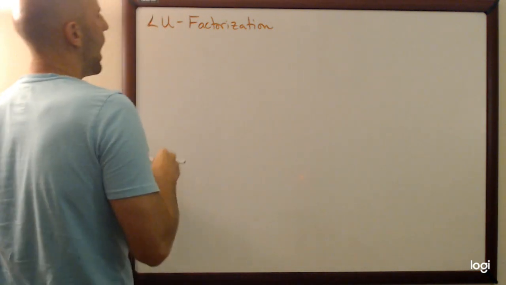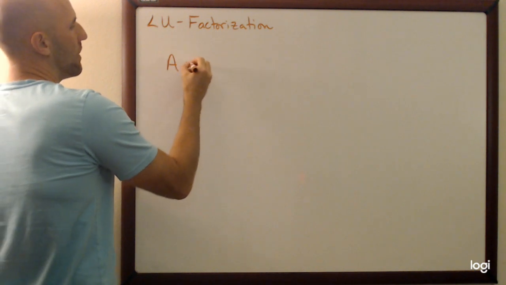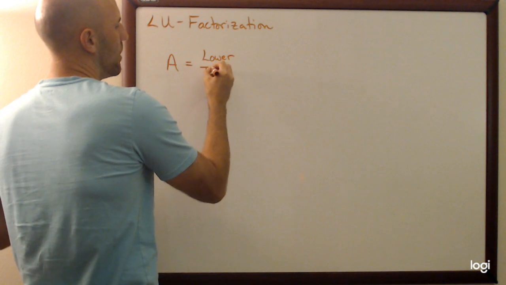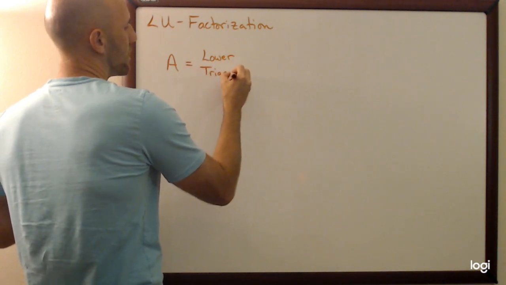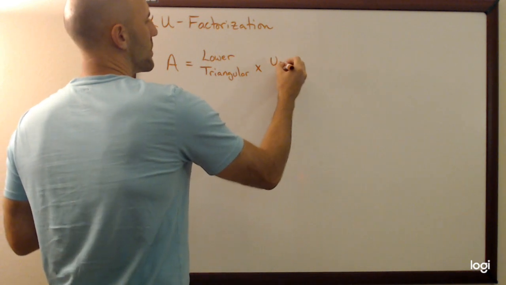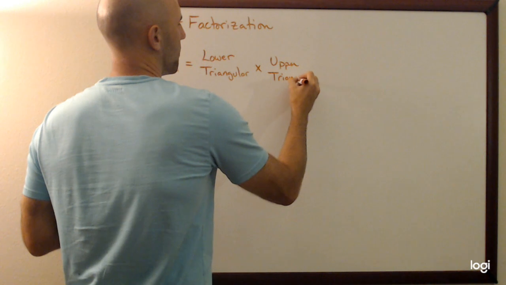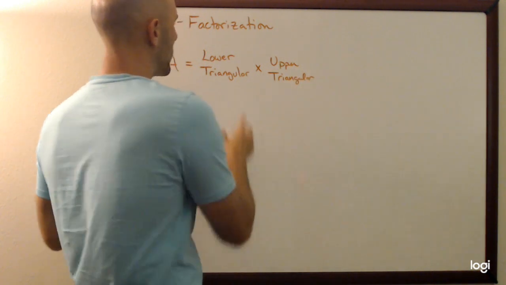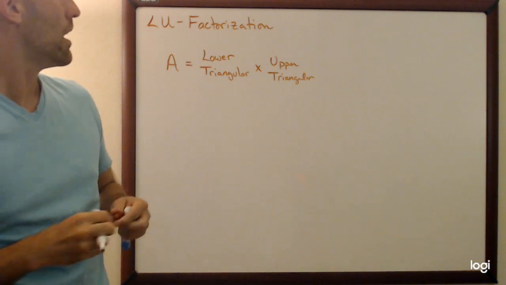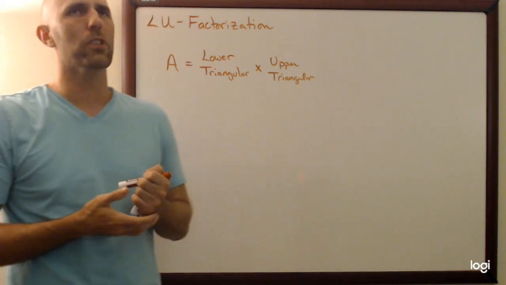Okay, and all this really means is that I'm going to take some matrix A, and I'd like to write it as a product of some lower triangular matrix multiplied times some upper triangular matrix. Okay, that's why the L for lower triangular, U upper triangular. Okay, and that's all I'm actually going to do. This is the best I've got with this particular method.